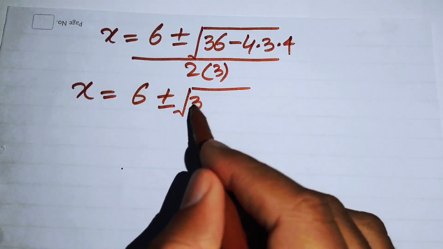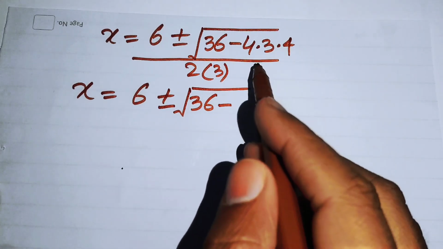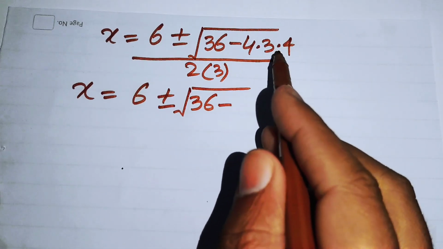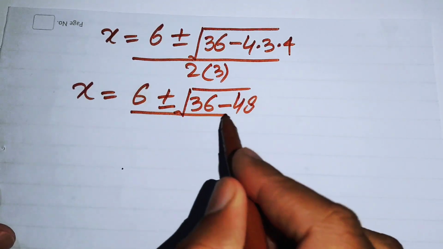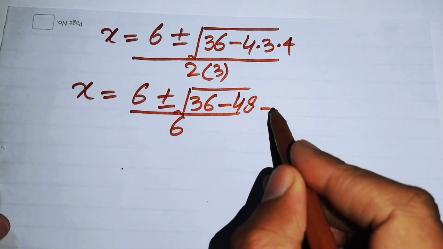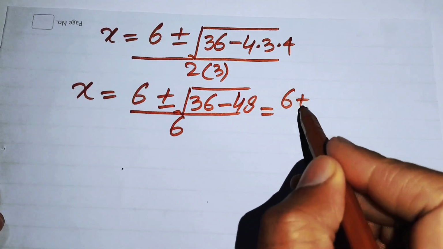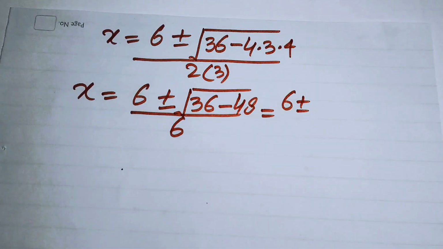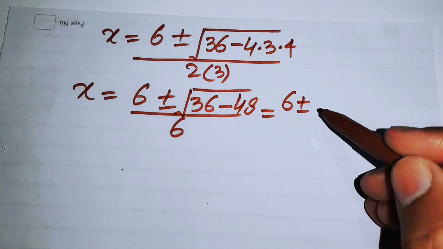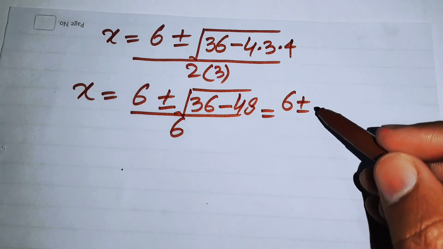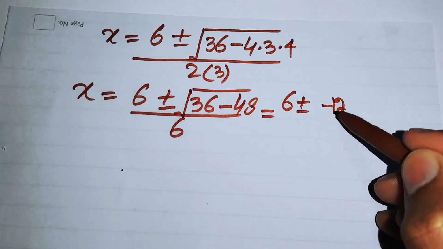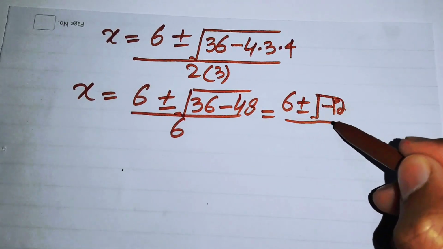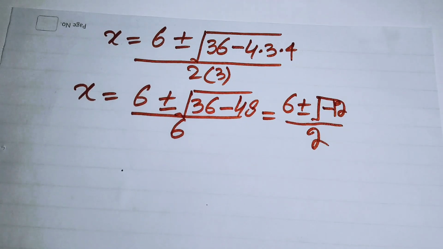You get x equals 6 plus or minus square root of 36 minus, when you multiply 4 times 3 times 4, you get 48, and this whole over 2 times 3, which is 6. So now we can write this as 6 plus or minus square root of 36 minus 48, which equals minus 12, over 6.